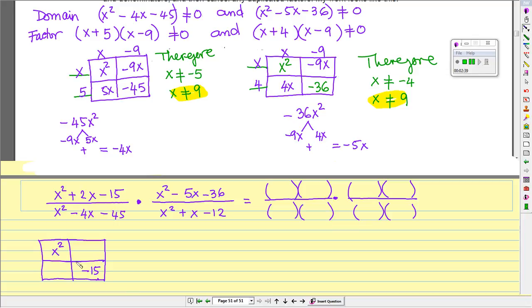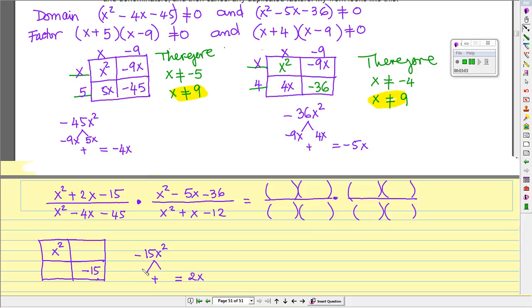That will give us negative 15x squared, and we'll try to find two factors of negative 15x squared that add up to 2x.